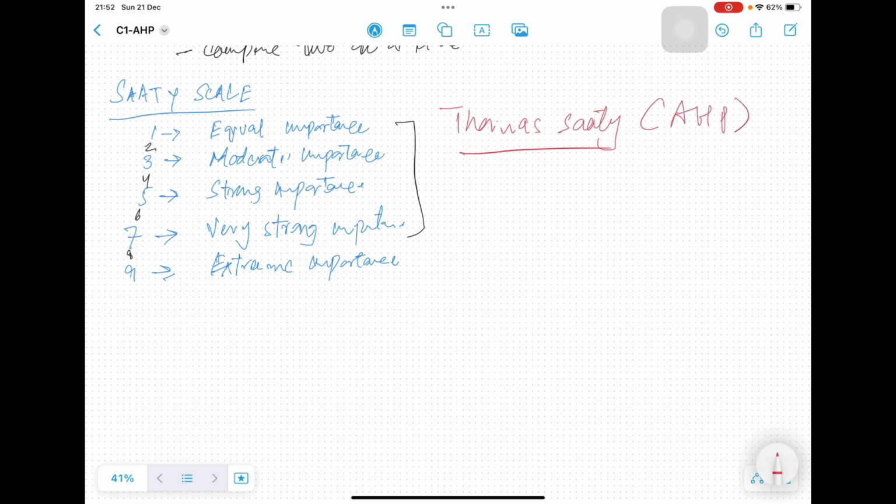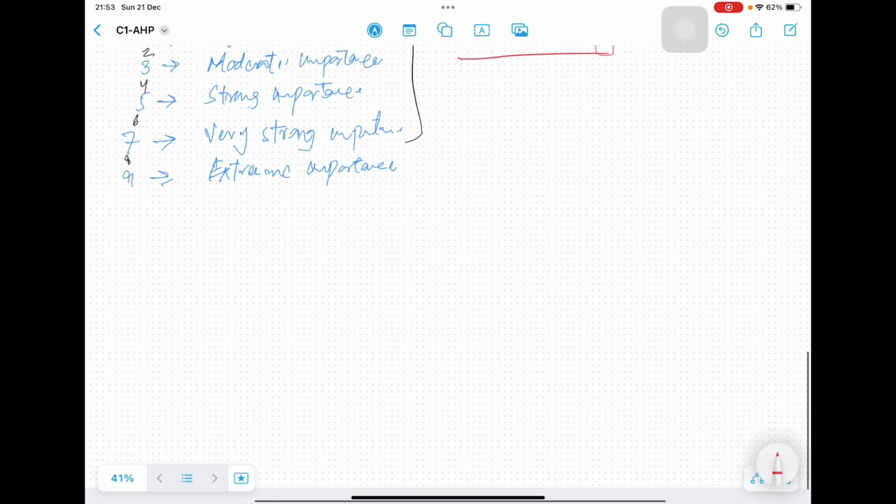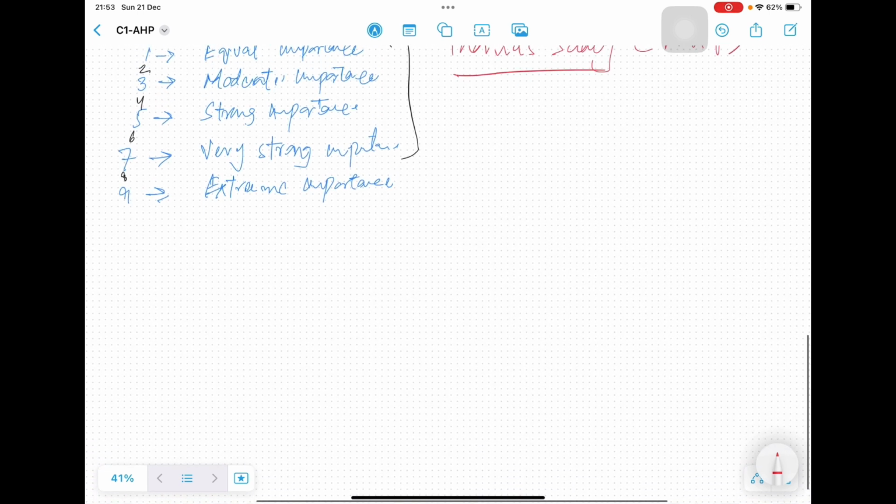It translates words like slightly more or strongly more important to numbers. Why numbers? Once judgments are numerical, we can apply mathematics. As we discussed before, that is why we needed AHP: to convert different units to a number, and then work on it through AHP.